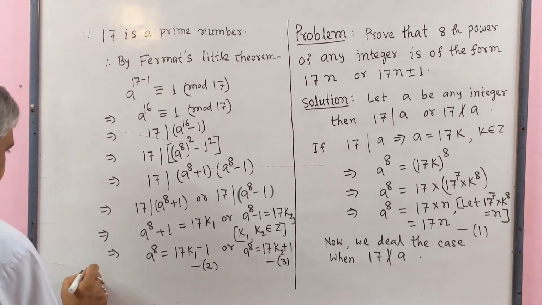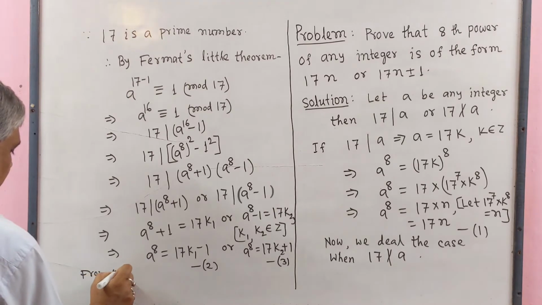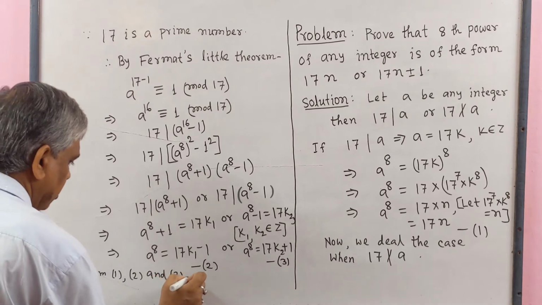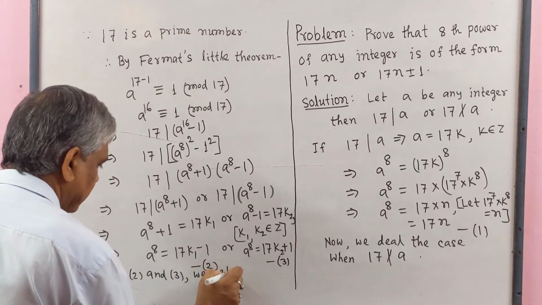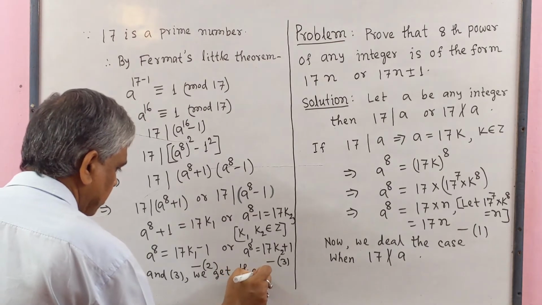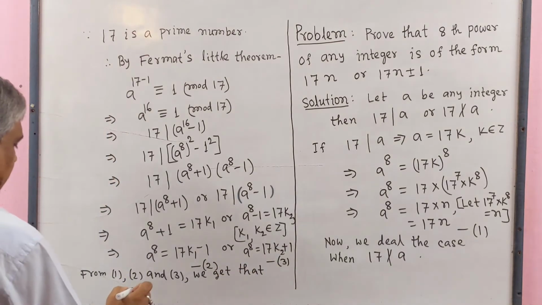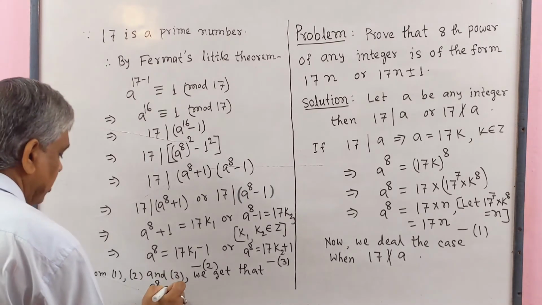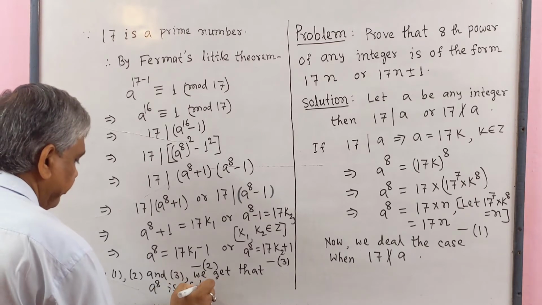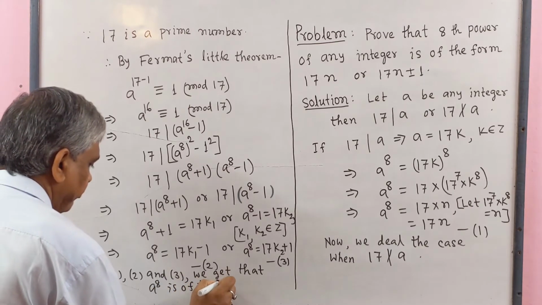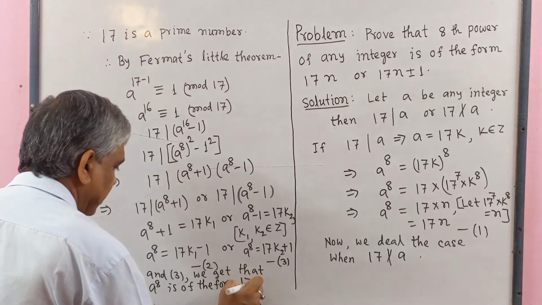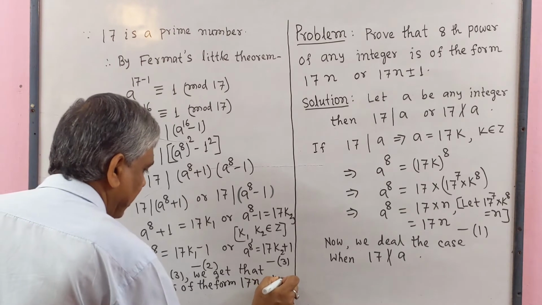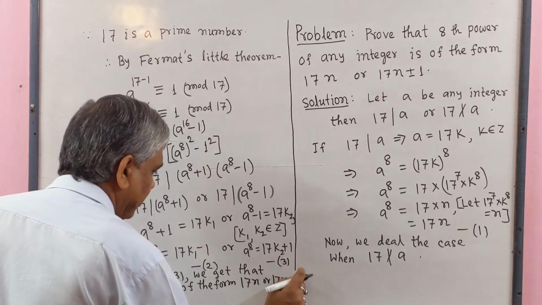From 1, 2 and 3 we get that a to the power 8 is of the form 17n or 17n plus minus 1.